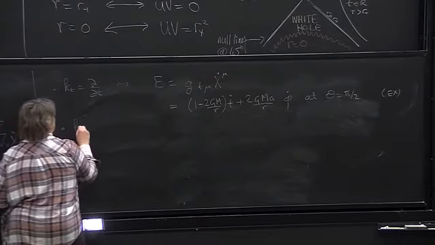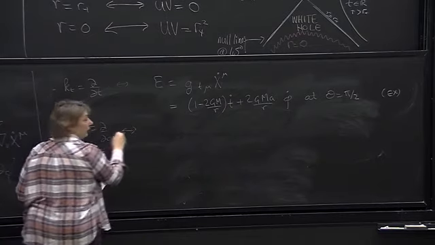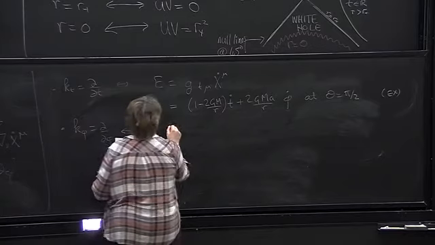And then for k_φ, which is d by dφ, gives you an angular momentum conserved quantity.